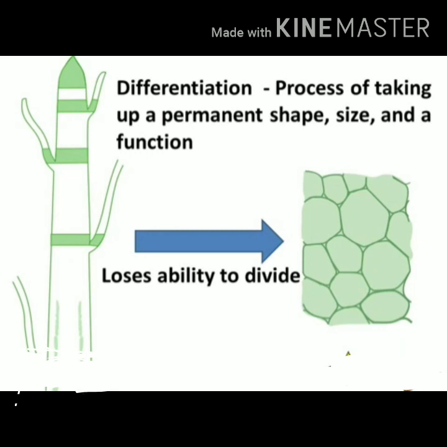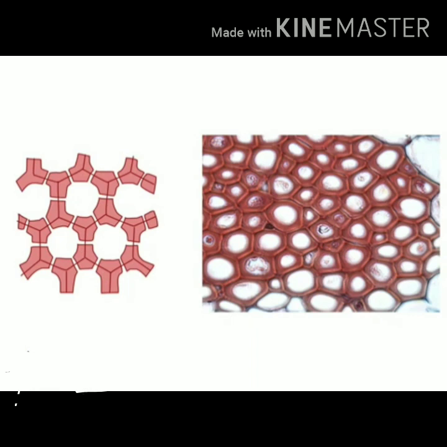They now become permanent tissues. This process of taking up a permanent shape, size and a function is called differentiation. Many of the cells are not alive anymore, yet they keep on functioning. How? Let us look into different types of permanent tissues.